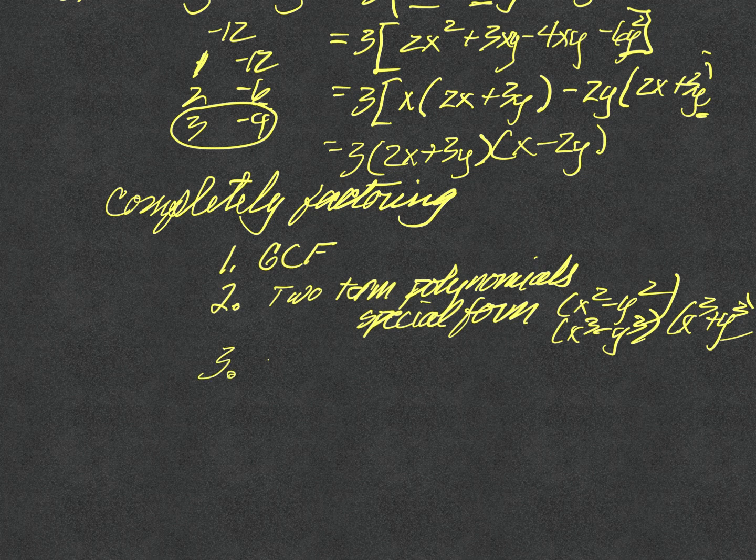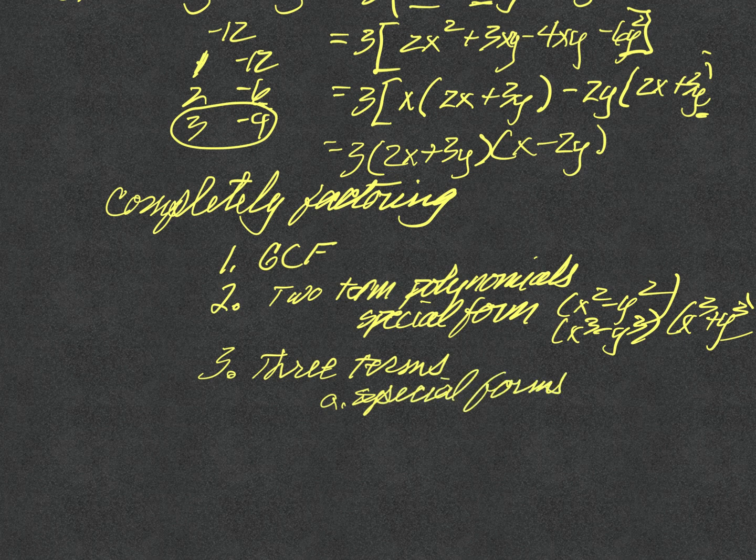And then number three is the three-term polynomials. The first thing we look for here are the special forms. And so that's a squared plus or minus 2ab plus b squared. We're looking for that pattern. And then b, we do the ones where a equals 1.